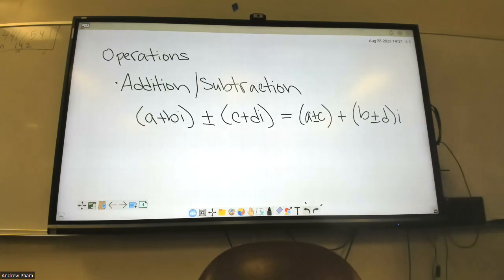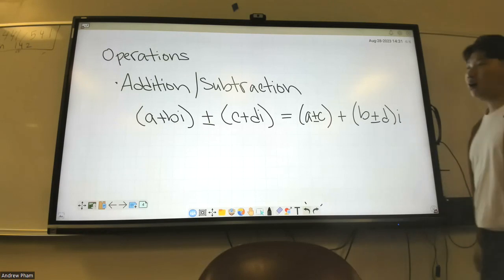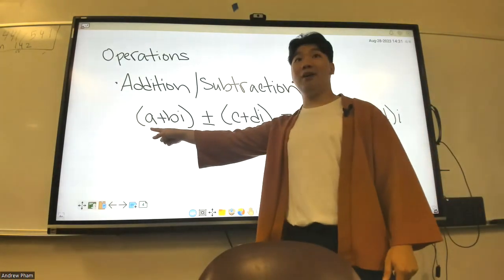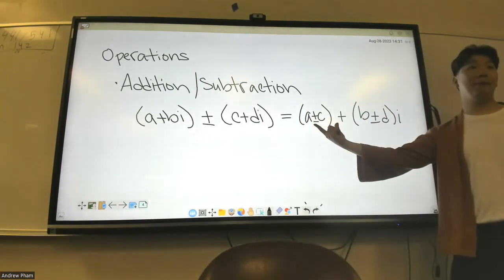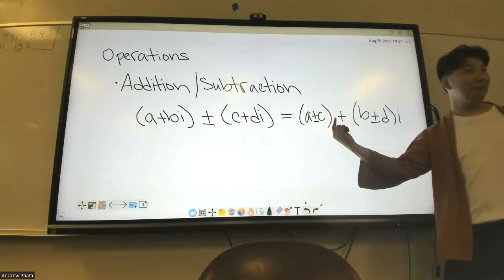First off, I want to emphasize, do not get caught up in, oh, what's a, b, c, and d. I'm going to talk about what this means. This is just a formal, very general way of writing it. So actually, what I've written here is, if you want to add two complex numbers, all you're doing is taking the real part plus or minus the other real part. That's what's happening over here, real plus real.